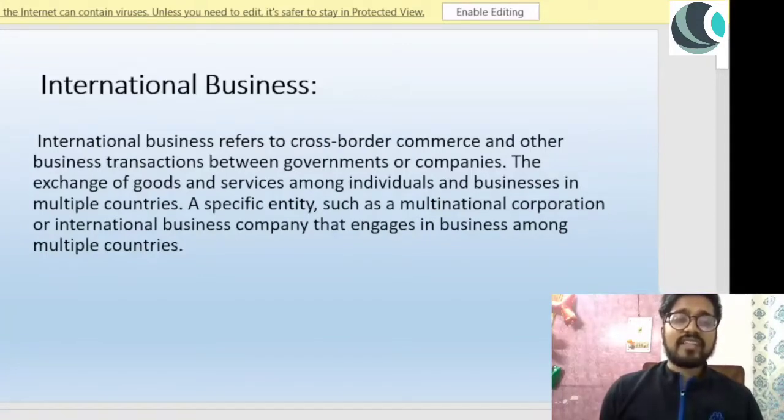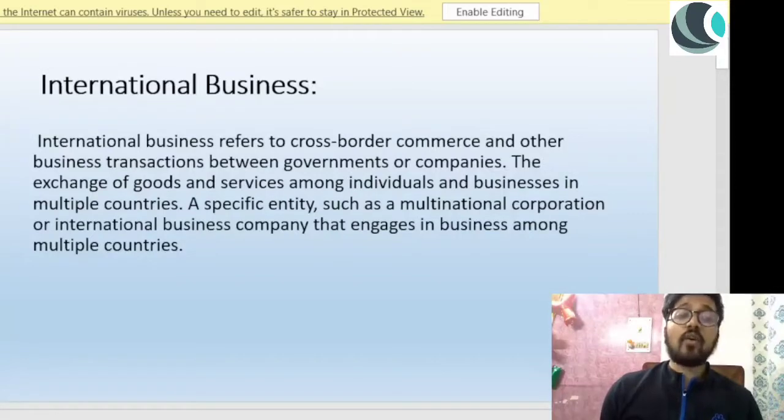So we are talking about a specific entity such as an MNC, multinational corporation, or international business company that engages in business among multiple countries, which is also a part of international business.